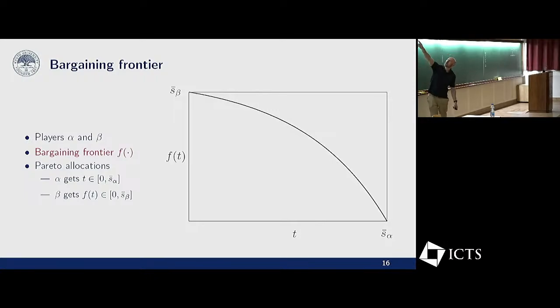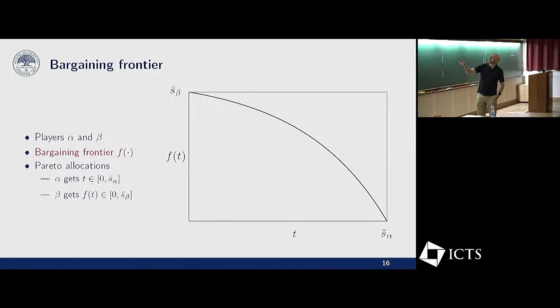And then on there, we've got s bar beta, which is the most beta could get. They're very successful in this bargaining. And then you've got all of this frontier between them, this line, is all of the Pareto efficient allocations that they could agree on.